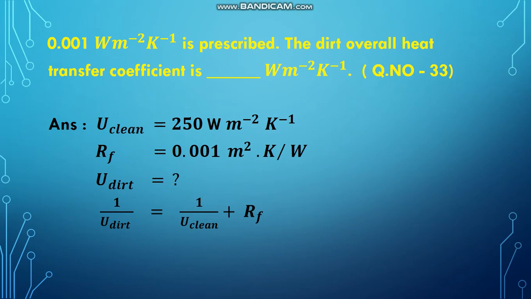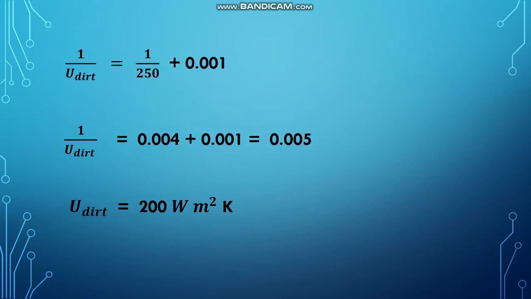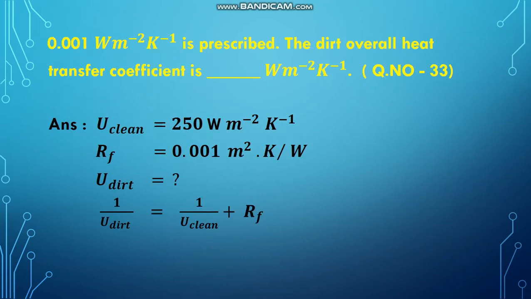On solving, we get 1 by U dirt is equal to 1 by 250 plus 0.001, which is equal to 0.005. So now from this U dirt becomes equal to 200 watt per meter square Kelvin.